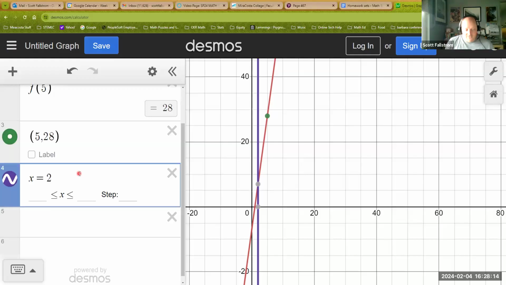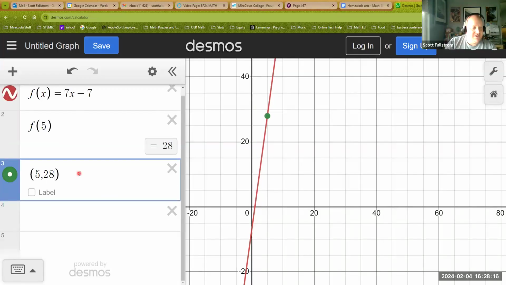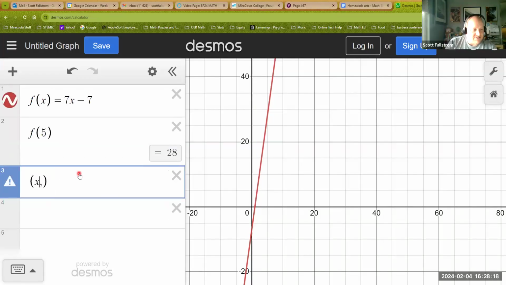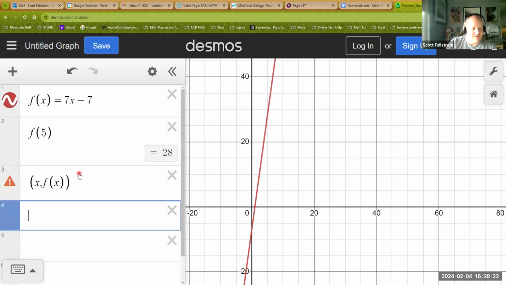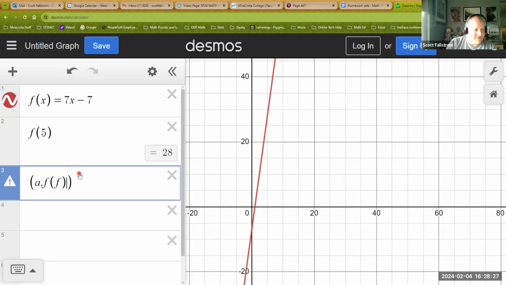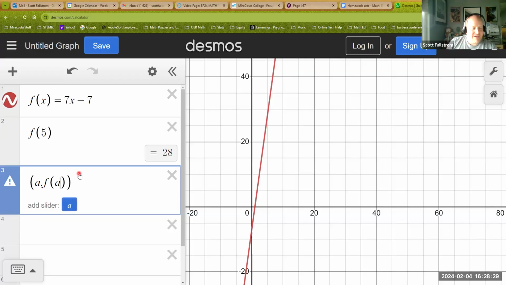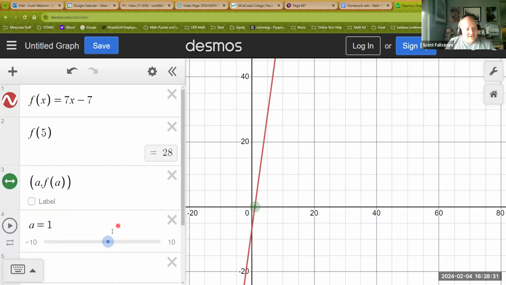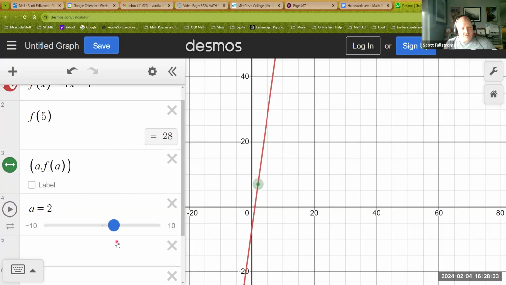Yeah, not only that, you could create a point. Well, okay, this is Scott being cheesy, but you can create a point that is X, and then you say f of X is your output. And so if I say f of A, I can add a slider for A, and A then moves, and it moves the point on the line.